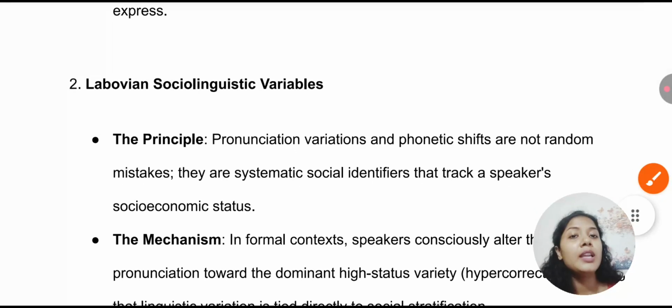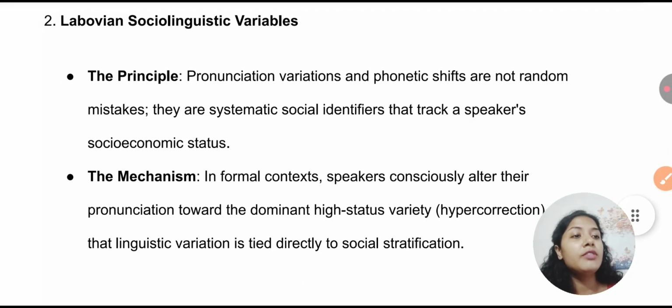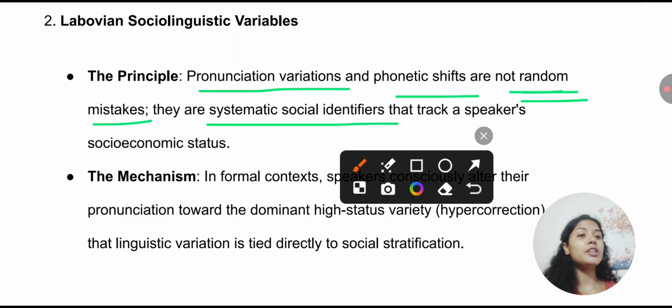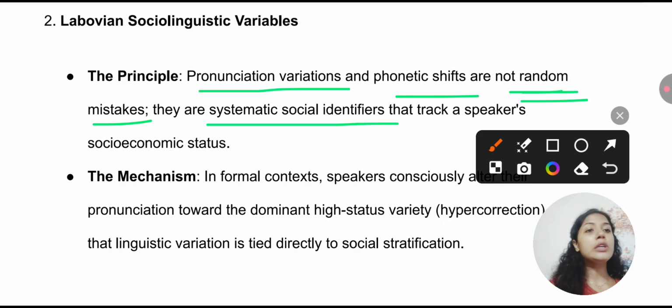In the same way, Labov's sociolinguistic variables gave a principle of language. He said that pronunciation variations and phonetic shifts are not random mistakes. They are systematic social identifiers that track a speaker's socio-economic status. So when we make errors in pronouncing a word, it is not a random mistake, it is because of your socio-economic status.